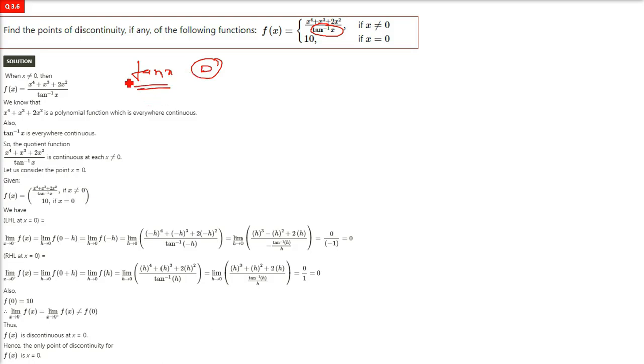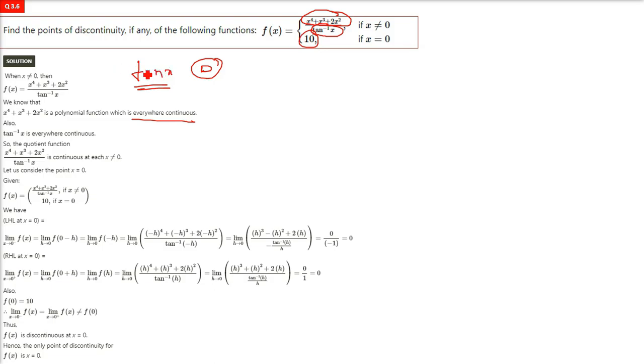Sin x and cos x are continuous everywhere. Tan x is not continuous everywhere. It is continuous on a particular domain. This needs to be very clear. The polynomial function, of course, the numerator is continuous everywhere.